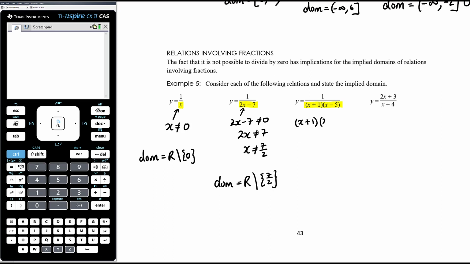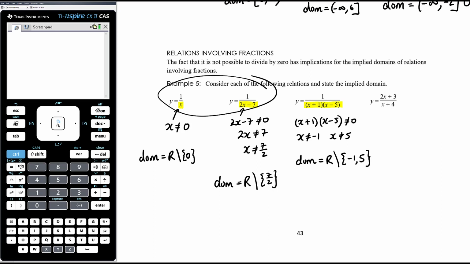So x plus 1 times x minus 5 cannot equal 0, which means that x cannot equal negative 1 and x cannot equal positive 5. So our domain is going to be all the real numbers except for 2 individual values. So a list of values in curly brackets, negative 1 or 5.